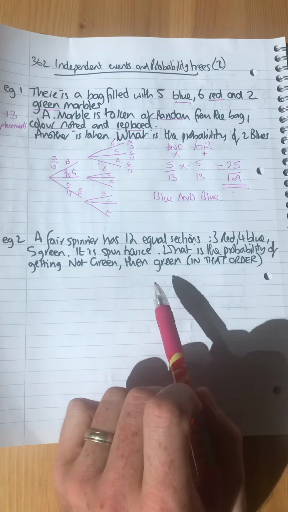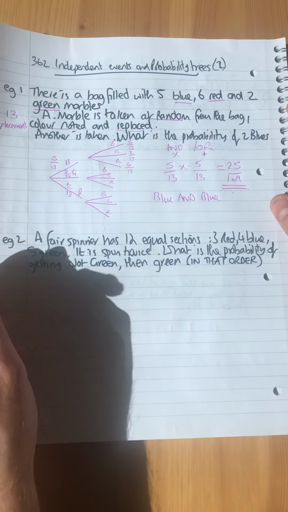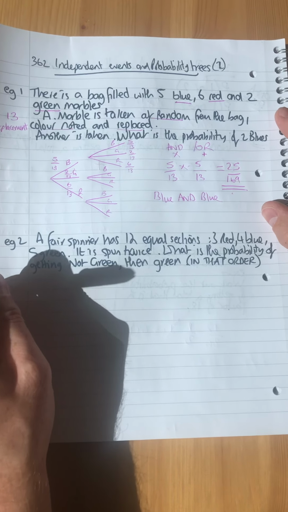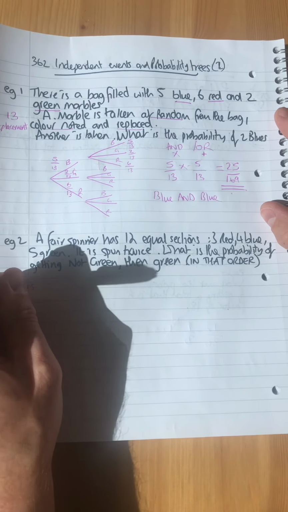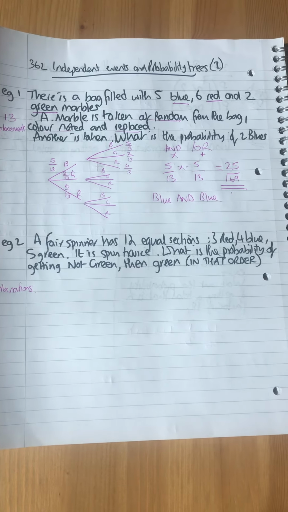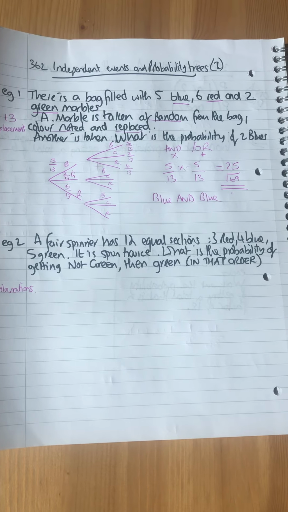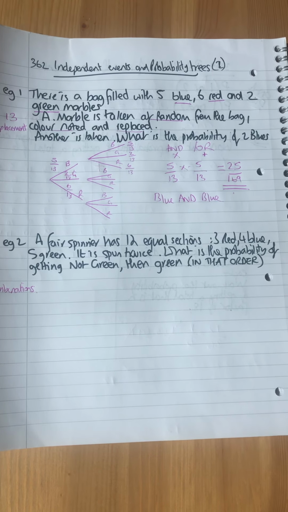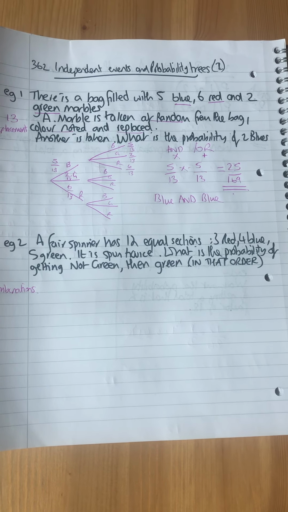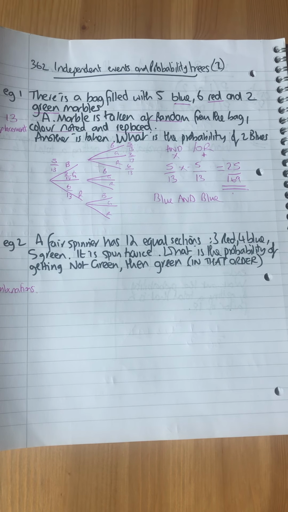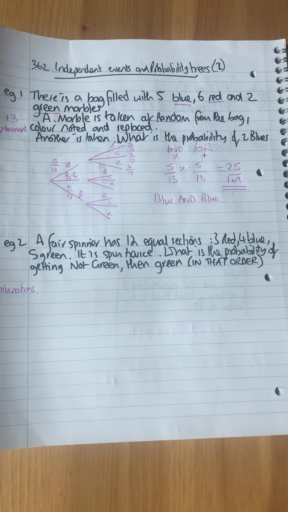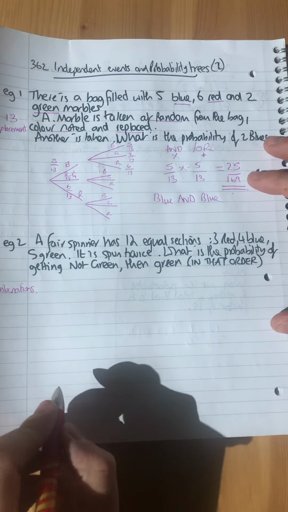Okay, the second one. For this one, we're going to use the combinations method rather than drawing out a tree diagram. I personally prefer this. There's less writing as long as you understand probabilities and how to write them down. So it says a fair spinner has 12 equal sections, 3 red, 4 blue, 5 green. It's spun twice. What's the probability of getting not a green and then a green?